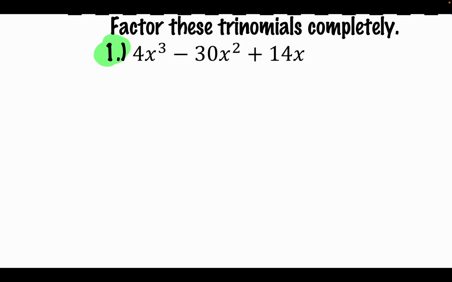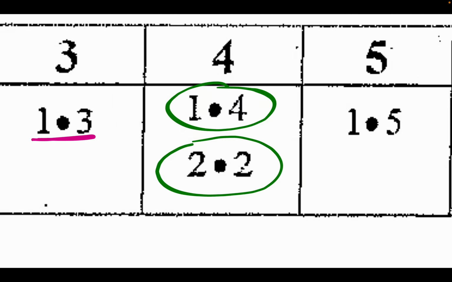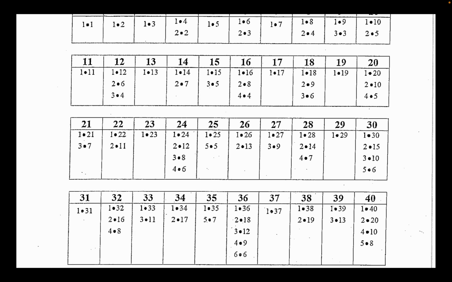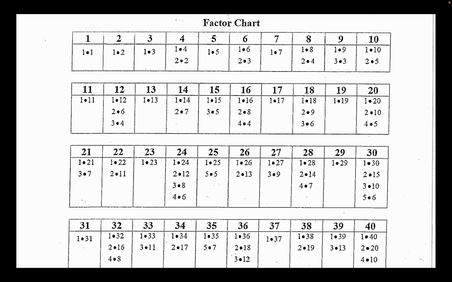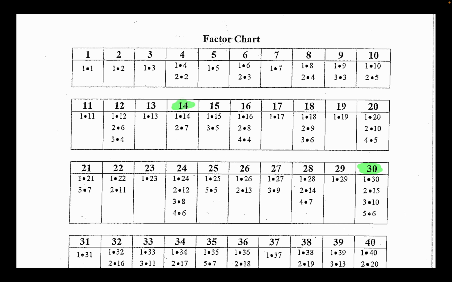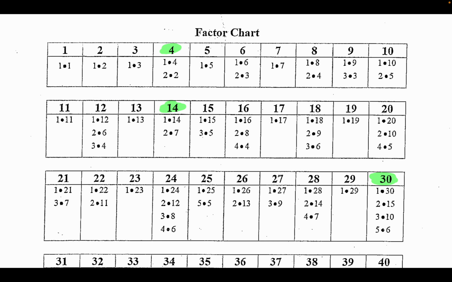So let's look at number 1. What is our greatest common factor between all of these numbers? Well, if we go on our factor chart, so we have 30, 14, and 4. Well, if you look at all of these, our greatest common factor is just 2.